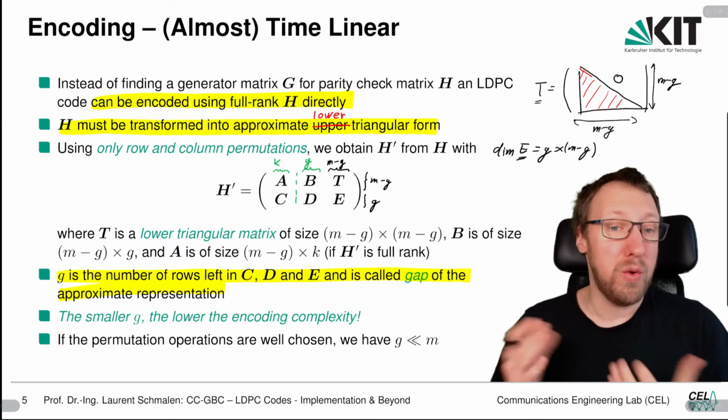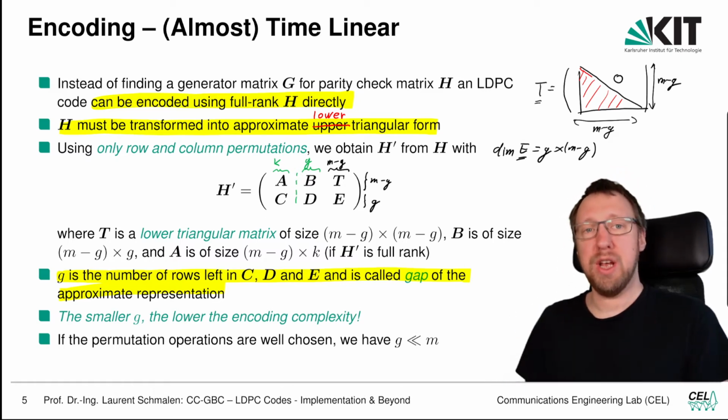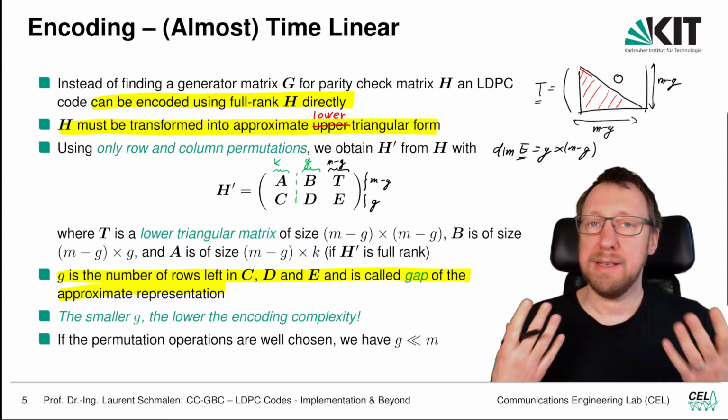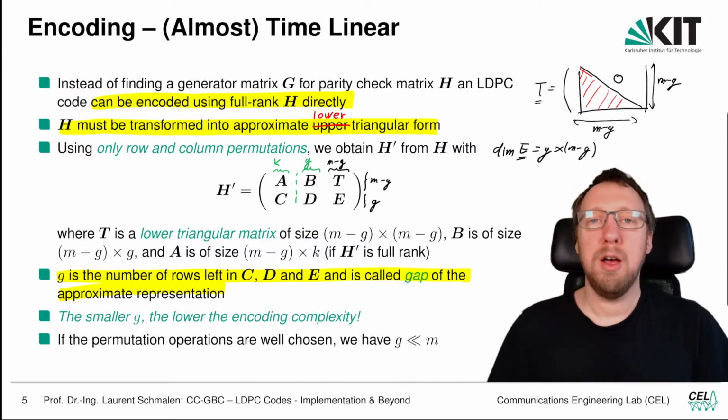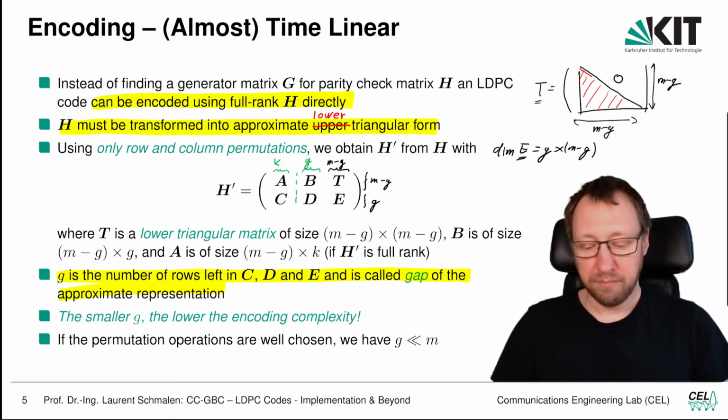And we have an equivalent parity-check matrix. This is important: the parity-check matrix doesn't change. It's going to be equivalent because it's an operation that is allowed for generating an equivalent parity-check matrix, according to chapter 2.